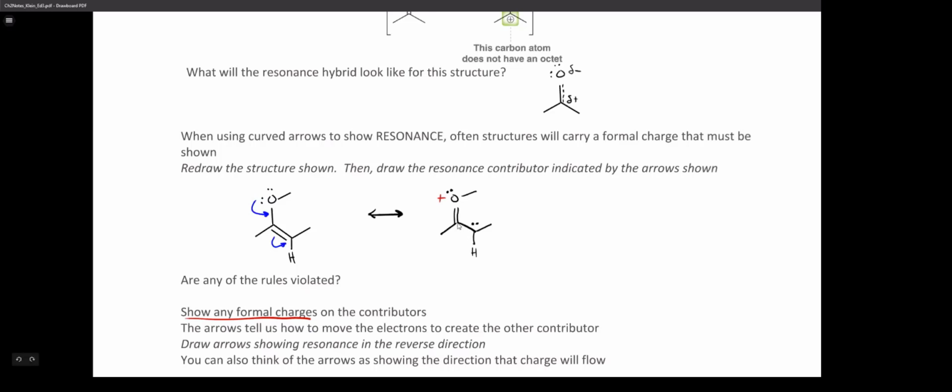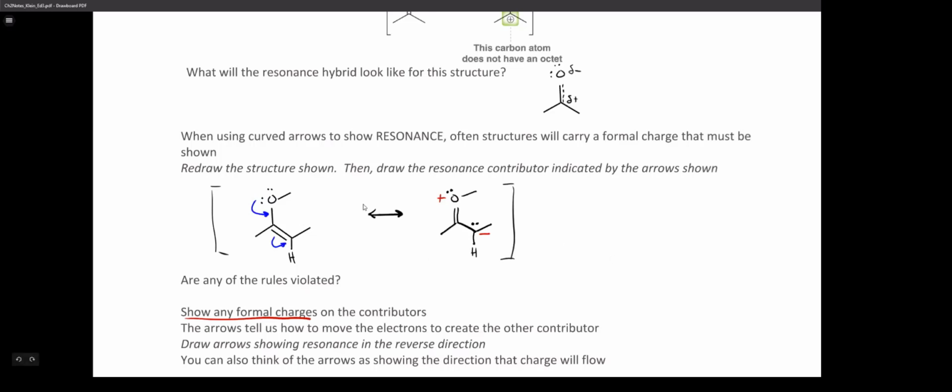Okay. So I'll draw it down there, where it's out of the way. And we usually draw brackets around your resonance structures at the end.